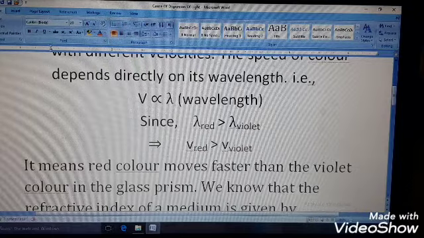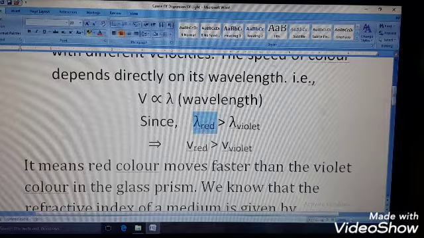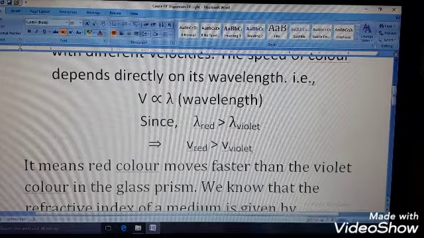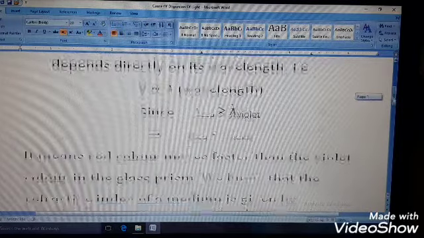We know that the wavelength of red is maximum. That is why its velocity is also maximum, so it goes with the maximum speed through any medium. It means red color moves faster than violet color in the glass prism. That is why different colors travel with different speeds in different mediums.